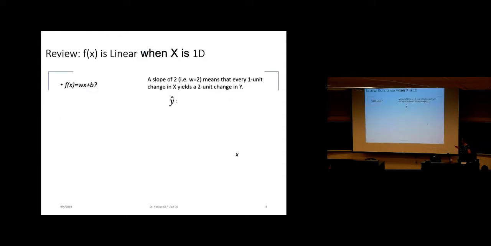What do I mean by a linear representation or a linear summation of x? Let's use this really simple example to show it geometrically and visually. This is a function, f(x) equals wx plus b.